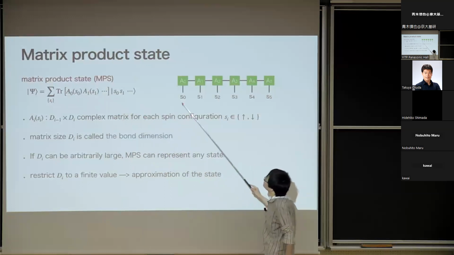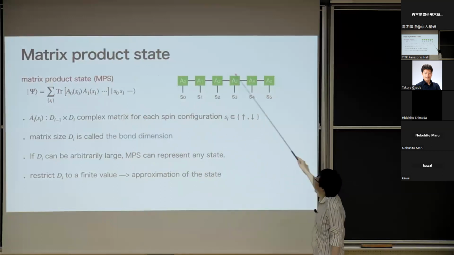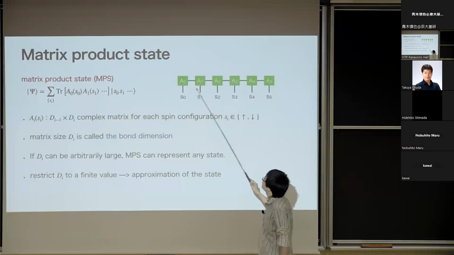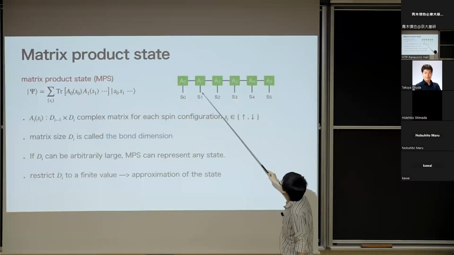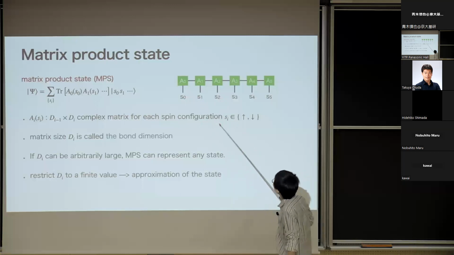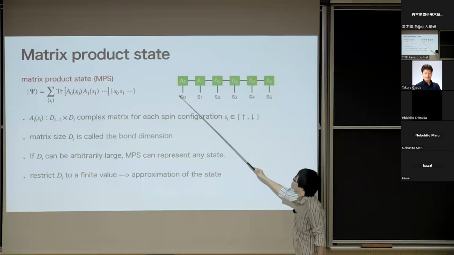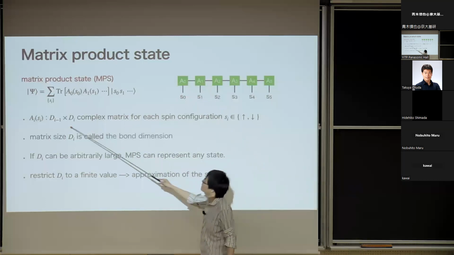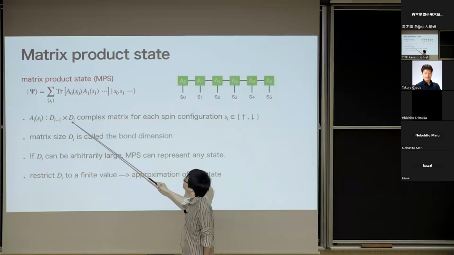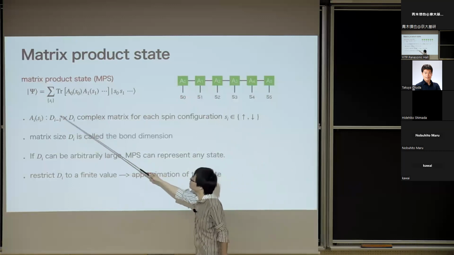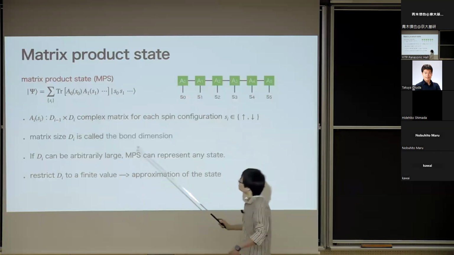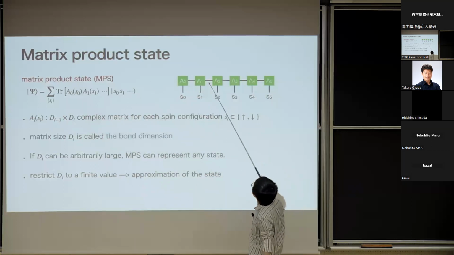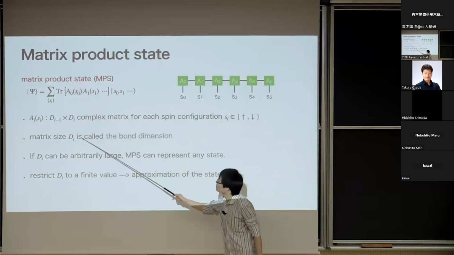Maybe it's good to see it in the diagram. This green box represents the matrix A. The legs s0, s1 represent spin up or down, so only two dimensions. The horizontal legs represent the size of the matrix, d_{i-1} times d_i, which in general can depend on the site. This dimension of each horizontal leg is called the bond dimension.